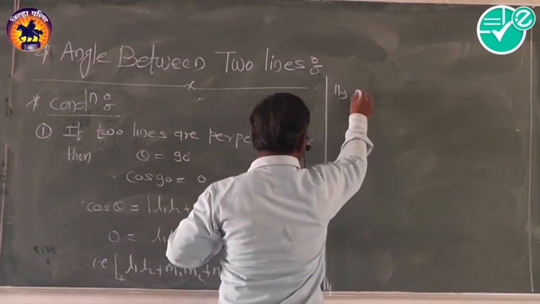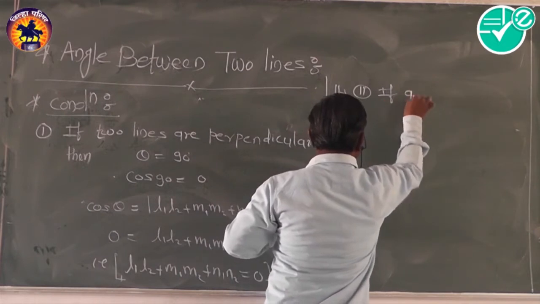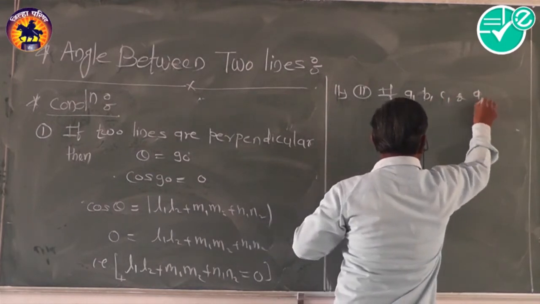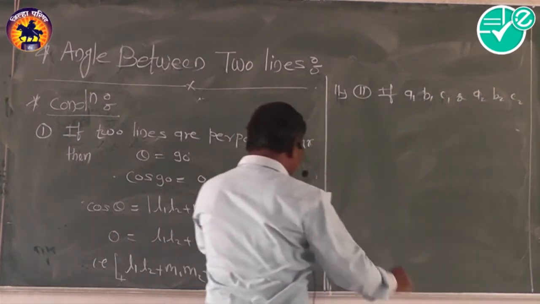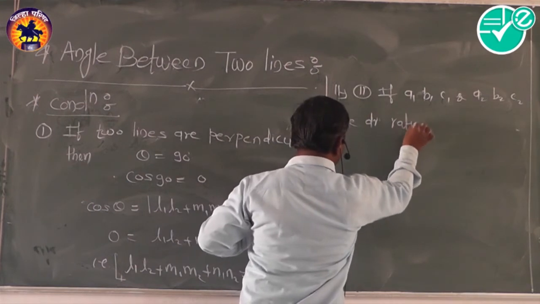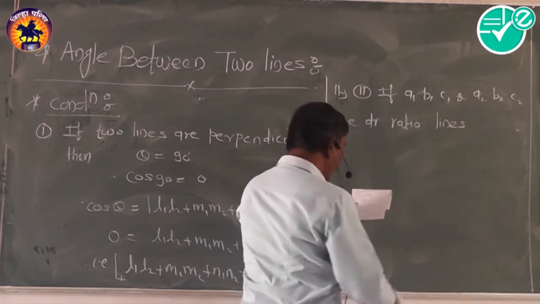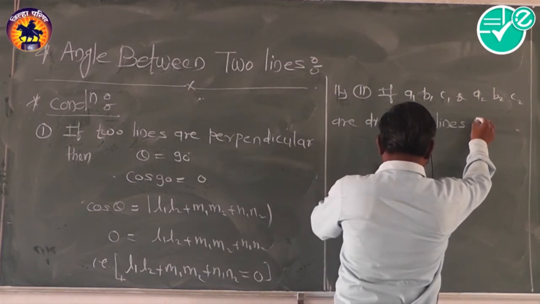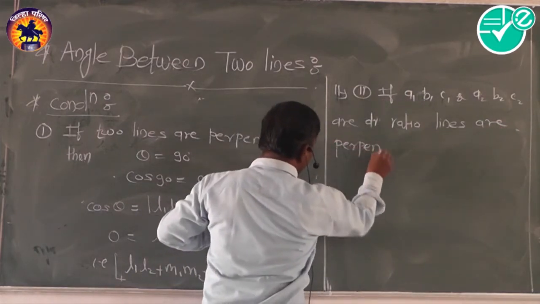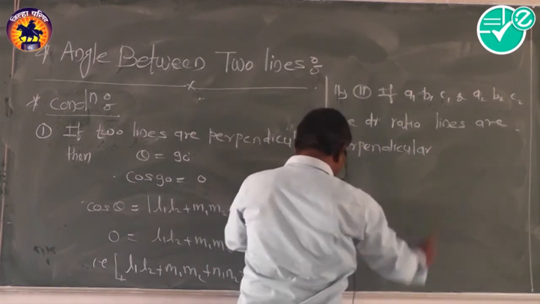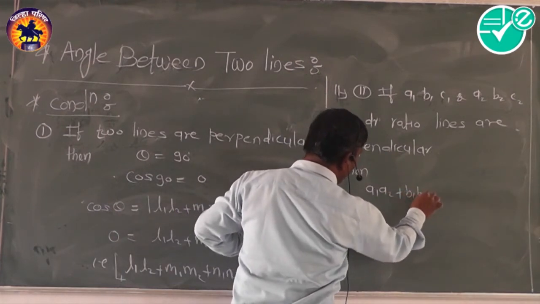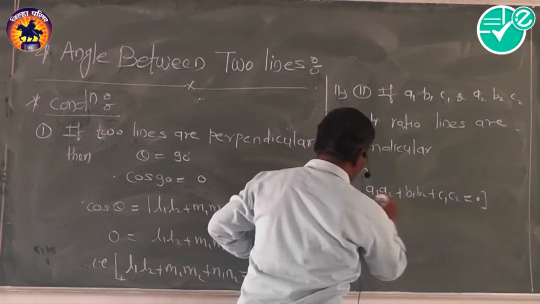Similarly, number two, if a1 b1 c1 and a2 b2 c2 are direction ratios of the lines, and the lines are perpendicular, then a1 a2 plus b1 b2 plus c1 c2 is equal to 0.